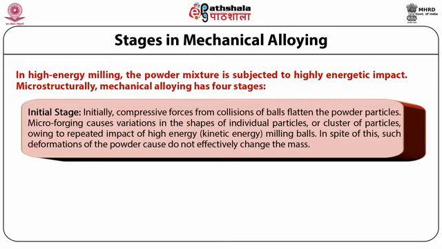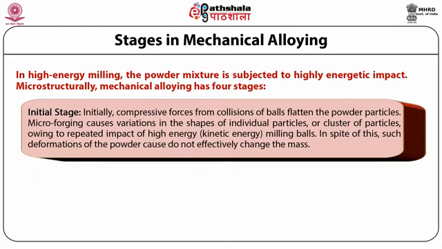Then, microforging causes variations in the shapes of individual particles or clusters of particles owing to repeated impact of high energy milling balls. In spite of this, such deformations of the powder do not effectively change the mass.